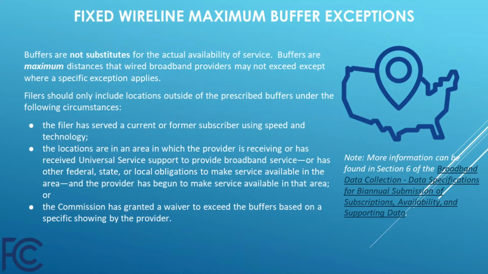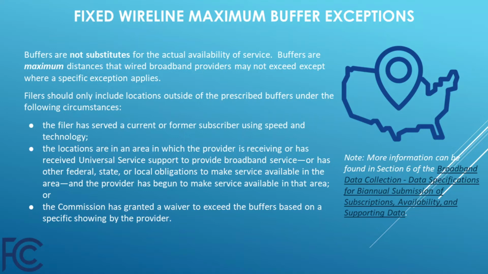In their availability reporting, filers should include locations outside of the prescribed buffers only under the following circumstances. First, the filer has served a current or former subscriber using the reported technology.